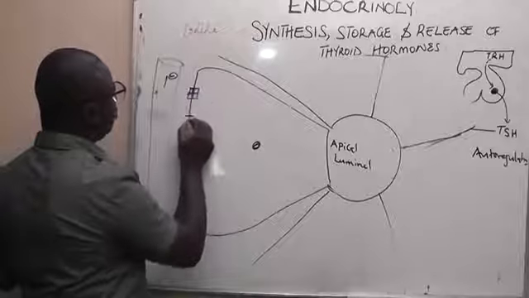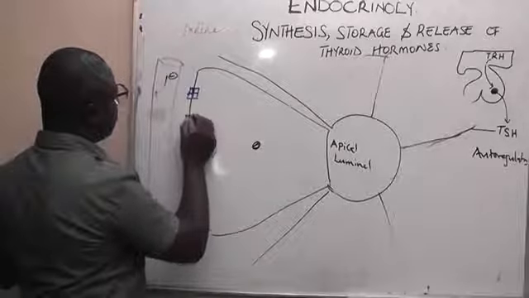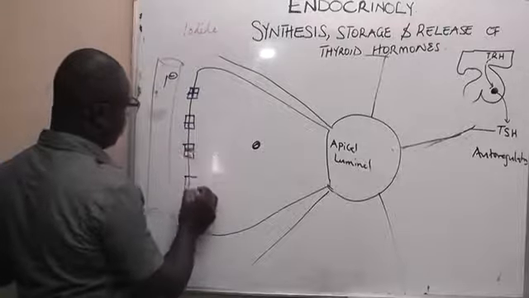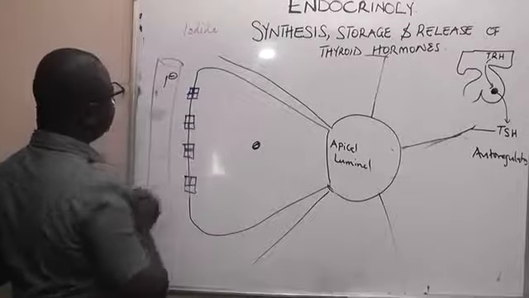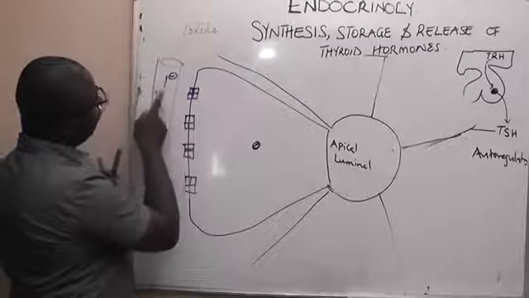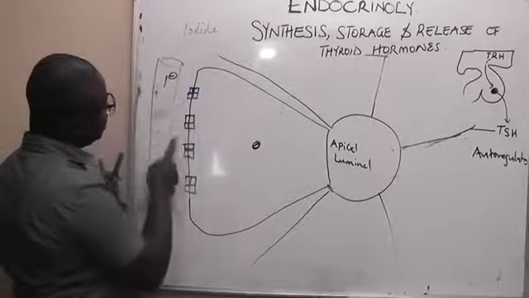Now at this basal membrane, we have a pump known as the iodide pump. This iodide pump transports iodine from the bloodstream, from the interstitial space.